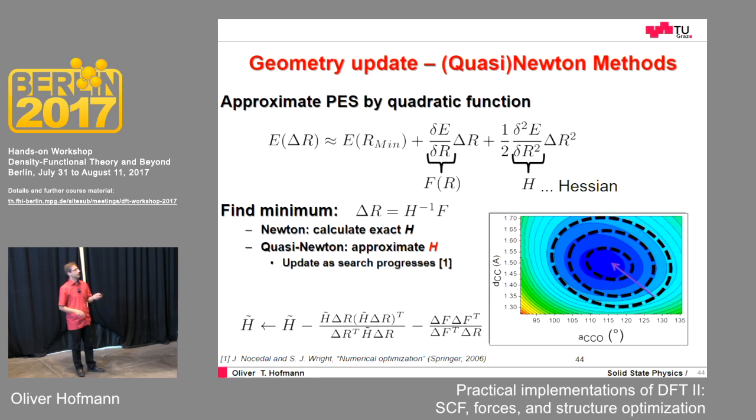This here is basically a description of the BFGS method. The idea is that you just calculate the gradient at any point on the potential energy surface and estimate the true Hessian. You start with a guess Hessian, then you calculate the energy and the gradient, and you use this gradient, shown here as delta F, to update the Hessian.